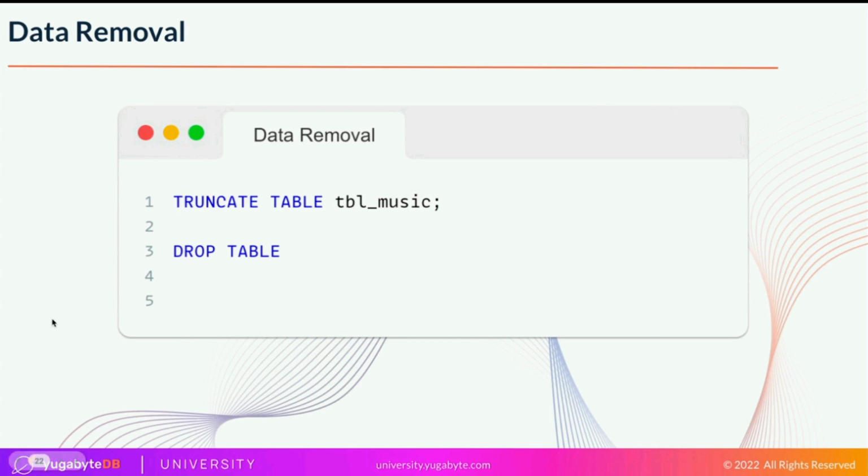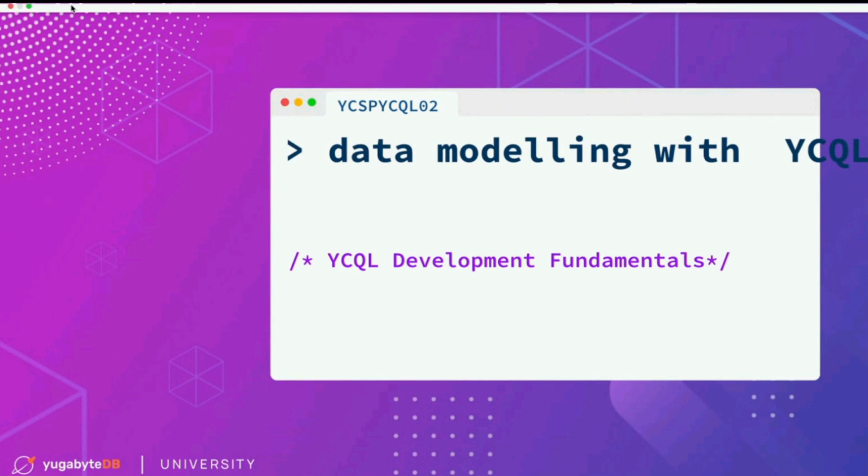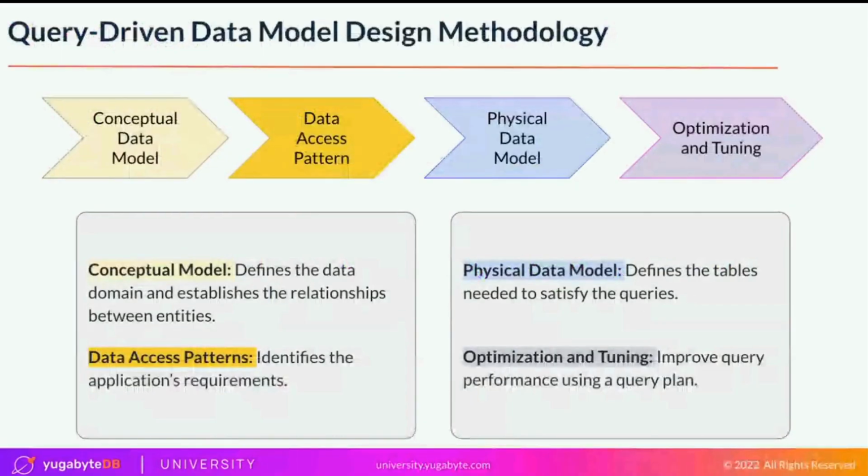So I know we talked a little bit about data definition languages. We will talk more about the data manipulation languages as well. So on the next slide here, we'll talk about how Cassandra is different and how YCQL is different due to the fact that they are really laser focused on the query-driven data model design methodology. So what am I talking about there?